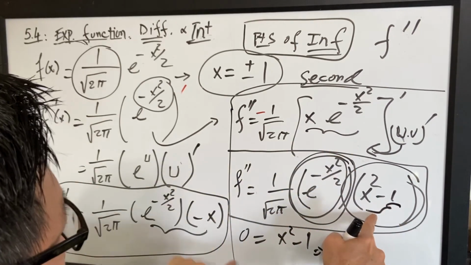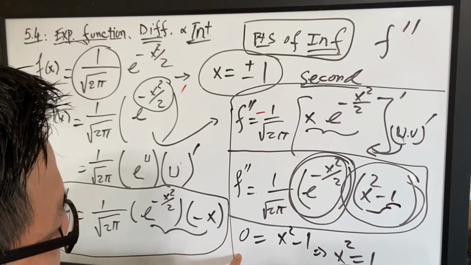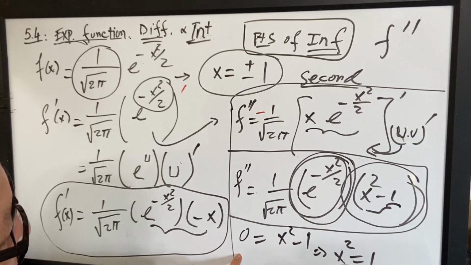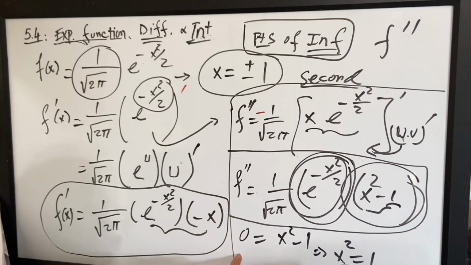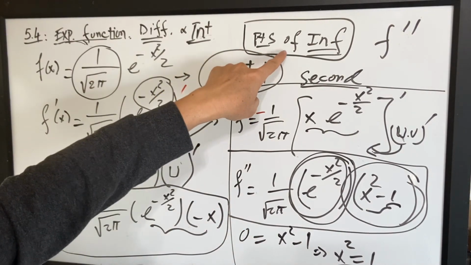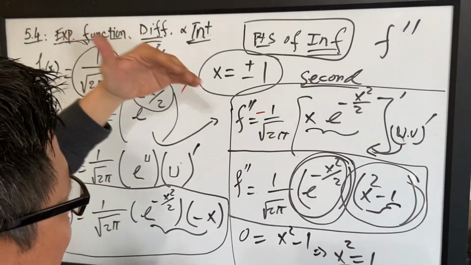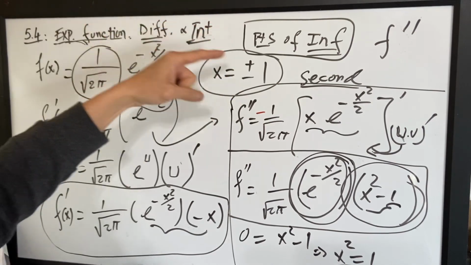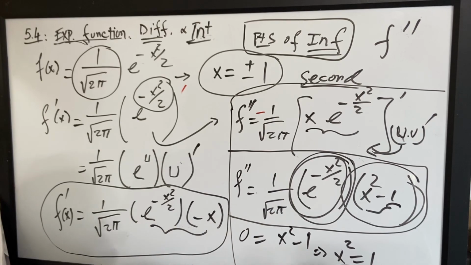To make that turn into 0, there are only two values for x, positive and negative 1. This is dealing with the second derivative. Therefore, when the second derivative equals 0, in this particular problem, I just verified that the function has 2 points of inflection at positive and negative 1. Those are the 2 points right there.